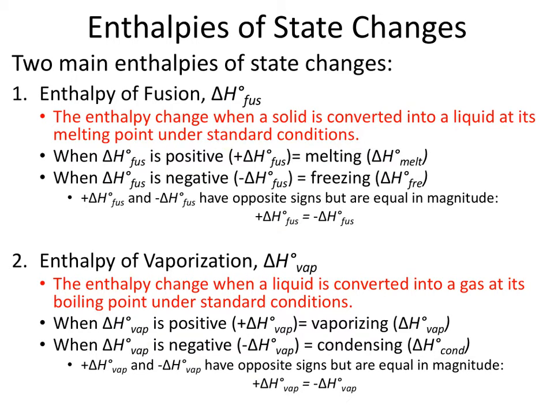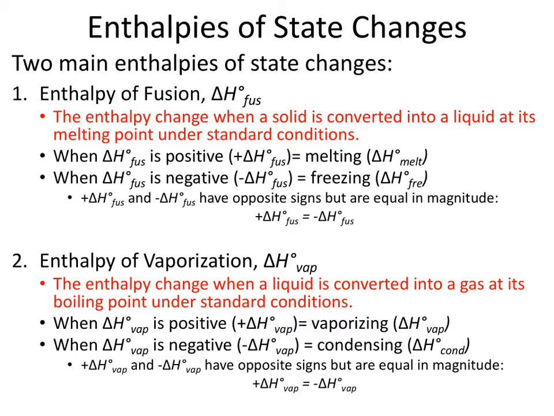So if it's positive, that means it is gaining more enthalpy. It means that energy is going from the atmosphere into the system. The only way that it can go from solid to liquid is by breaking some of those intermolecular forces, and that is done by increasing the potential energy. Remember, bonds and intermolecular forces are all about potential energy.